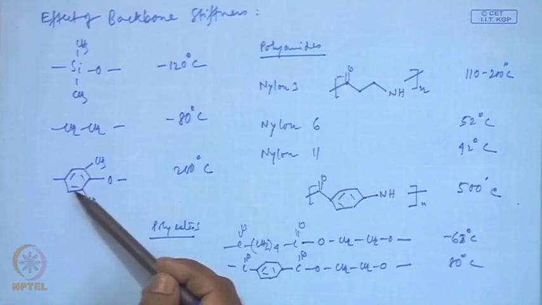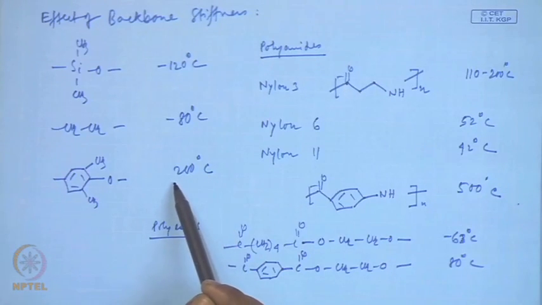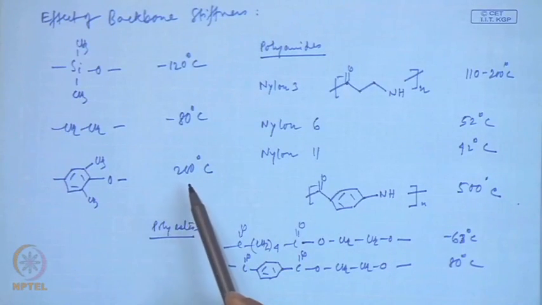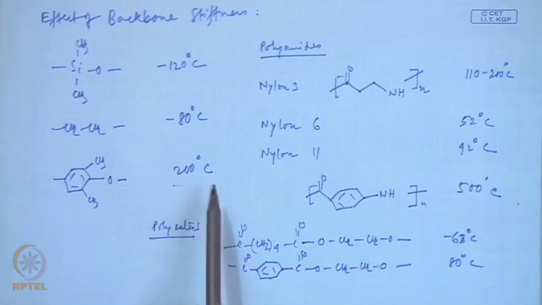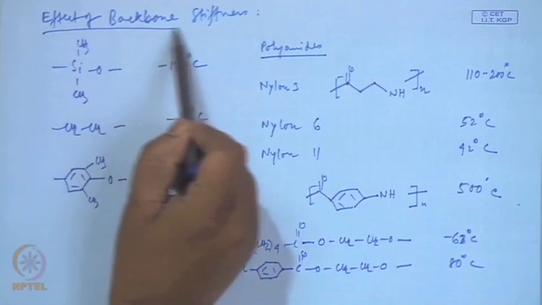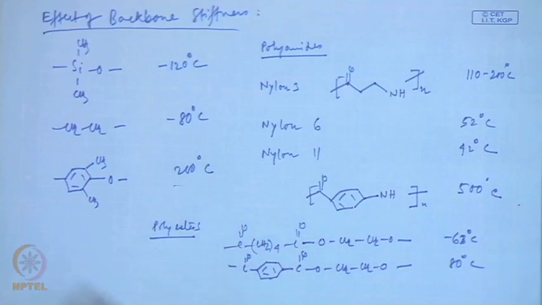Whereas, putting a rigid group in the backbone makes the polymer very stiff, which gives the Tg very high. So, basically again, if the stiffness of the backbone of the polymer chain increases, the Tg goes up, and if the flexibility increases, the Tg comes down.